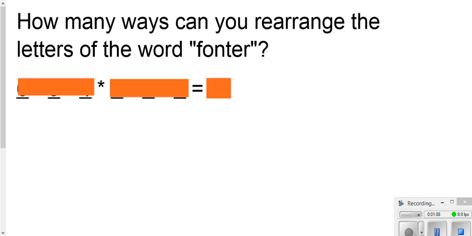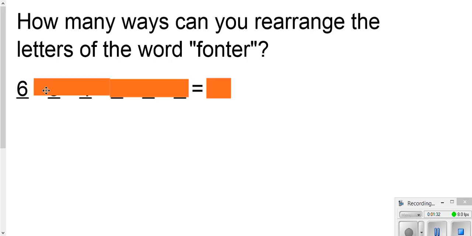So let's consider this one here. We have now 6 letters, and we want to rearrange these letters into different words. They might be nonsense words or they might be legitimate words, but we want to rearrange them. So we have 6 letters, so we have 6 choices for the first letter.